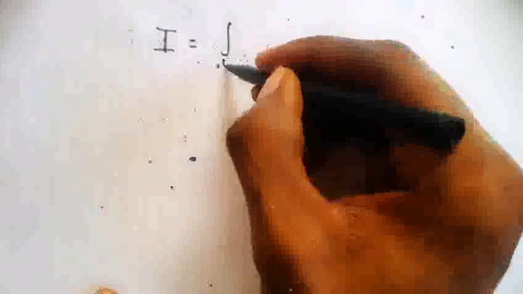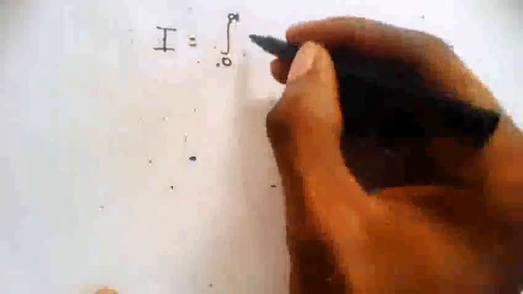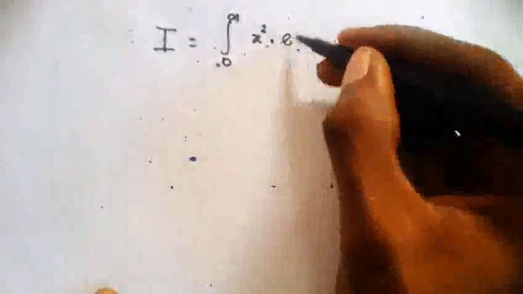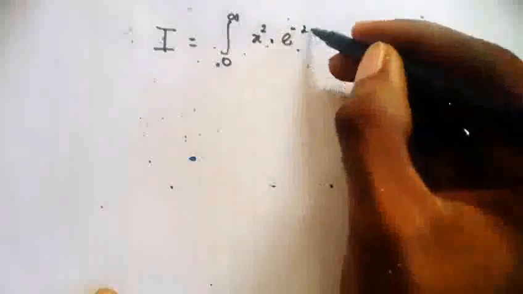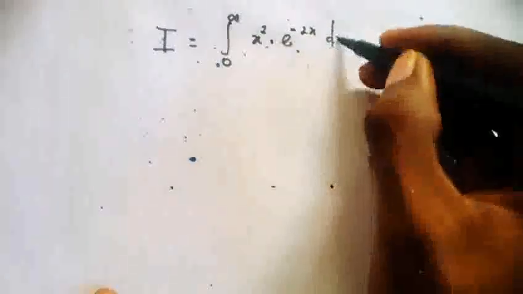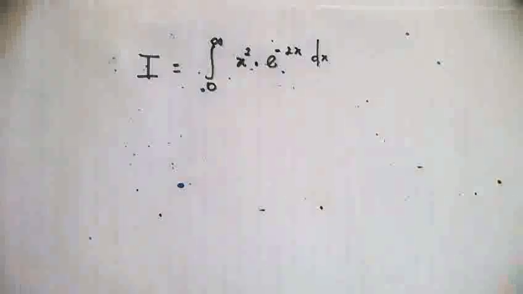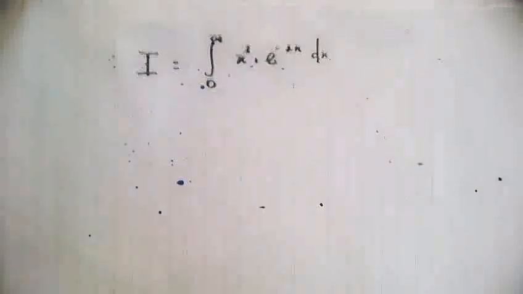Now let's say I is equal to the integral as x is going from 0 to infinity of x squared times e raised to power negative 2x dx. This is what we are about to evaluate. Now we're going to make a substitution.